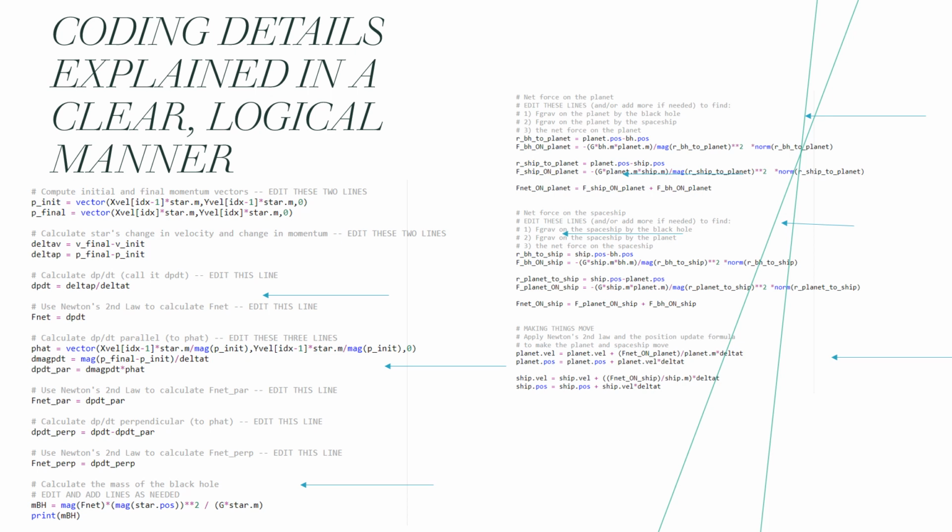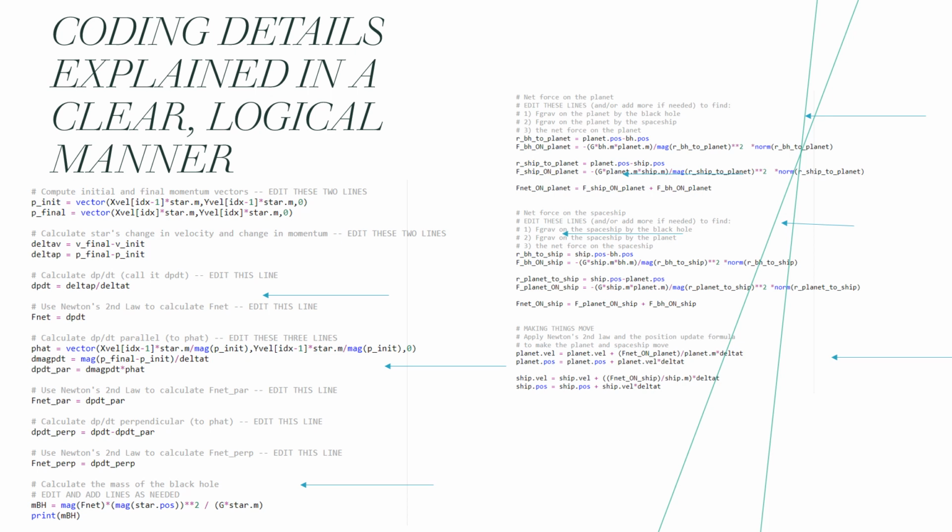Alright, the code and details explained. On the left, we have the momentum vectors, and then we have change in velocity, change in momentum, and then we defined change in momentum divided by change in time, which is delta p divided by delta t. Net force is equal to dp dt, and then we were calculating dp dt parallel to the momentum.